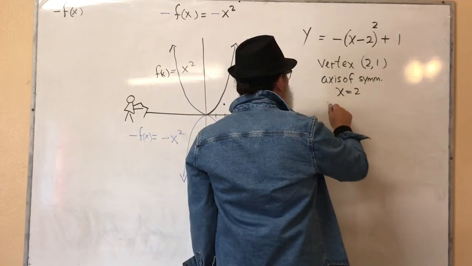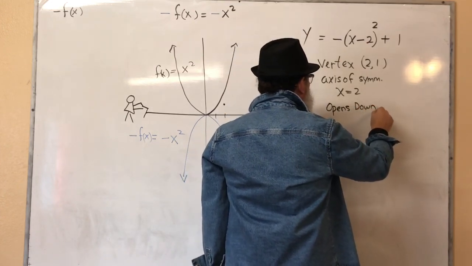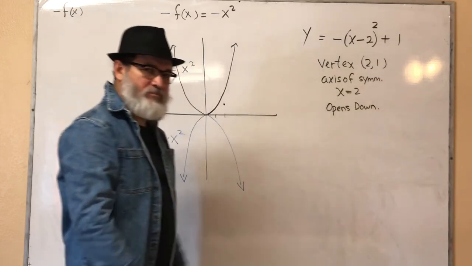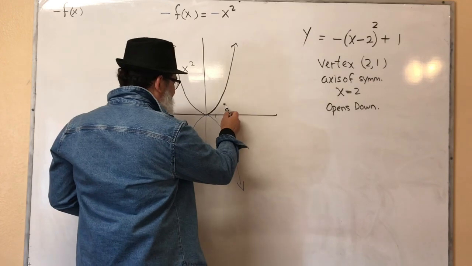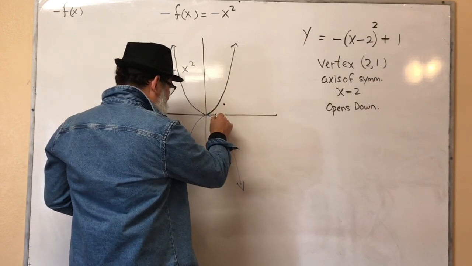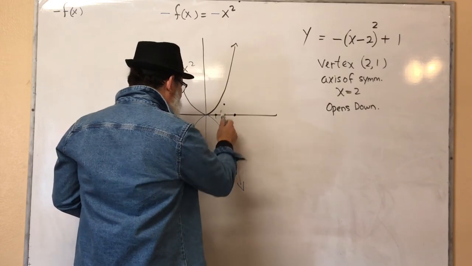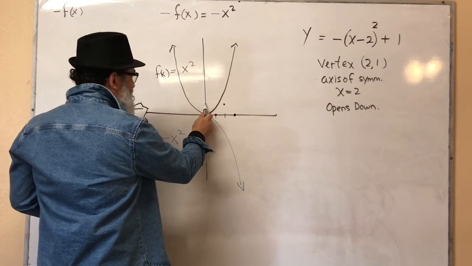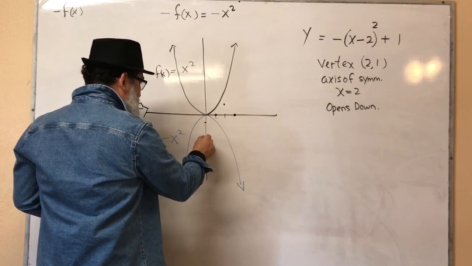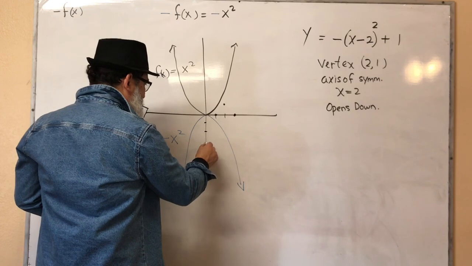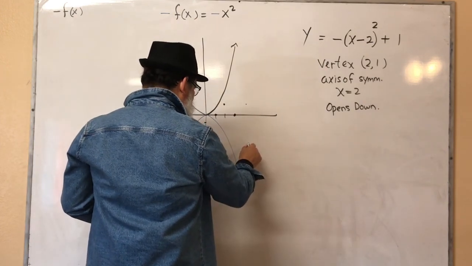And it opens down. Okay. So 1 to the right, 1 down. From the vertex, 2 to the left, 4 down. 1, 2, 3, and 4 down. 2 to the right, and 4 down, approximately there.